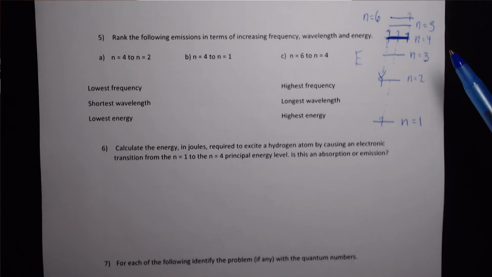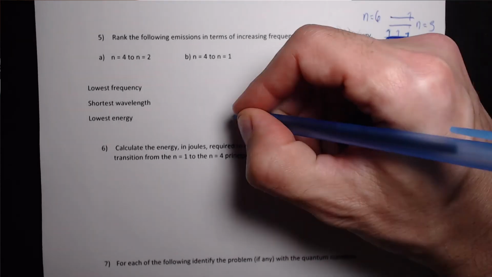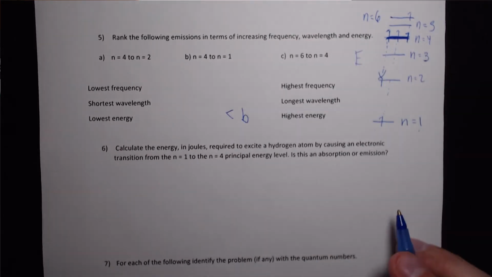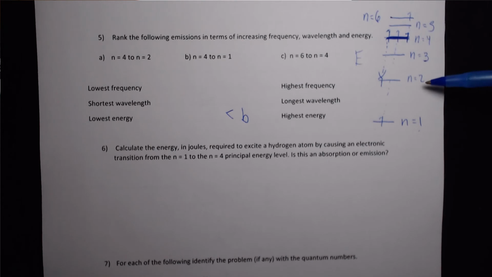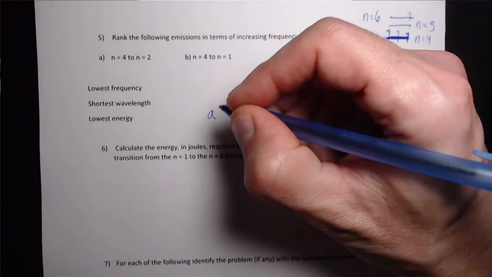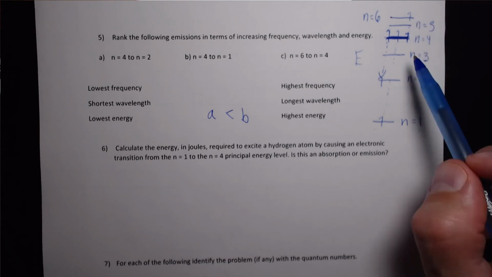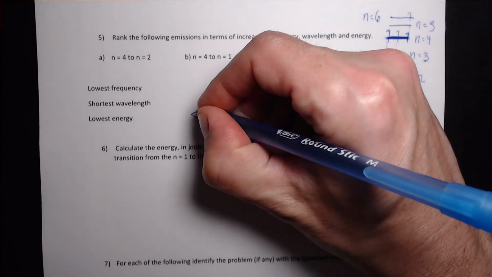So if we look here, the highest energy is going to be the 4 to 1, which I know is backwards because it has highest energy on this side, but B is going to be the highest energy. What is next? Well, if we go from 4 to 2, that's going to be the intermediate amount of energy. 4 to 2 is letter A. And if we go from 6 to 4, that's going to be the smallest amount of energy.